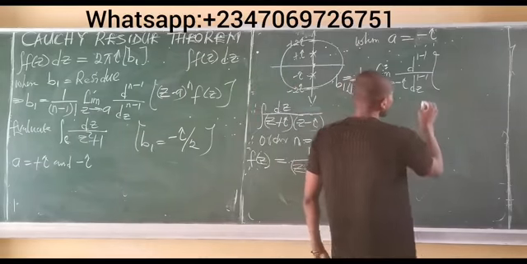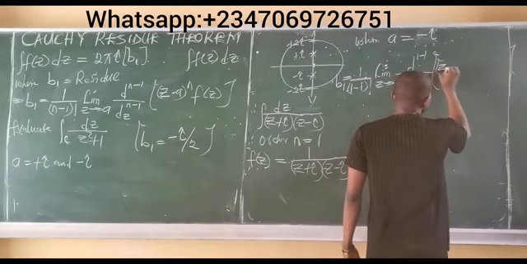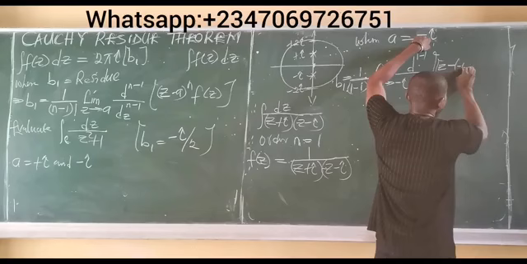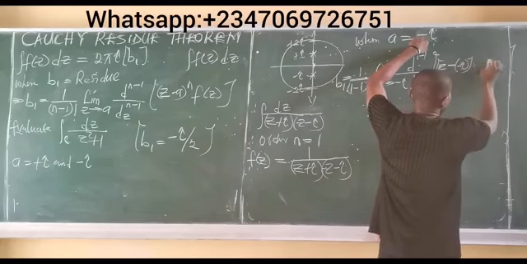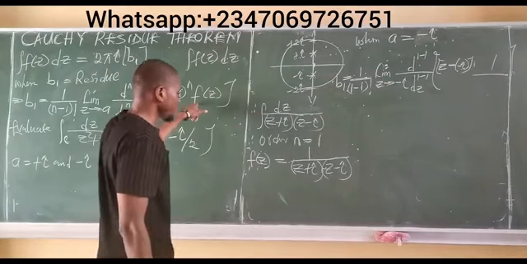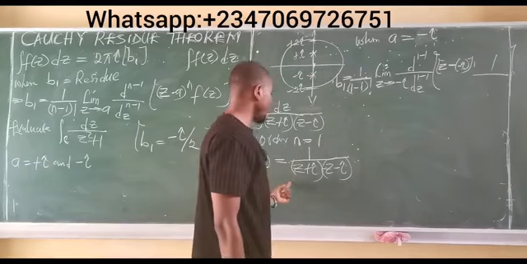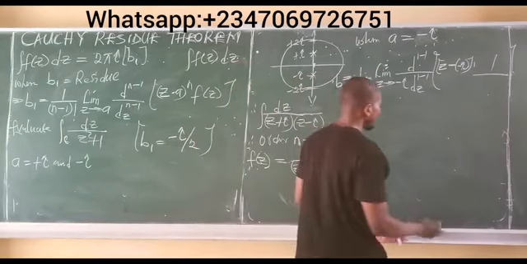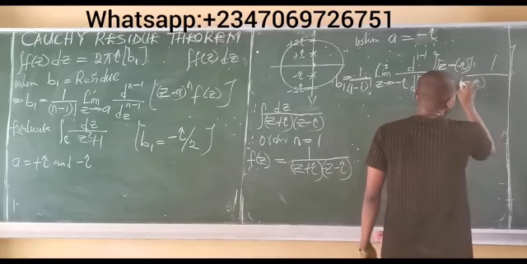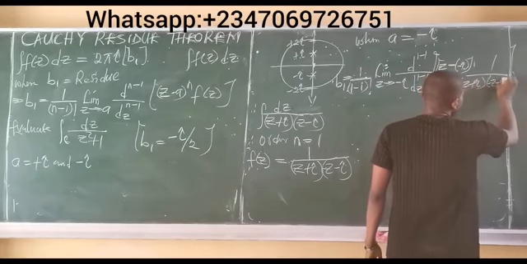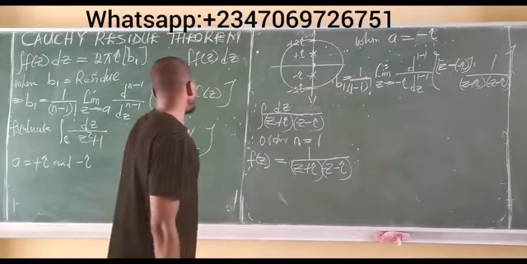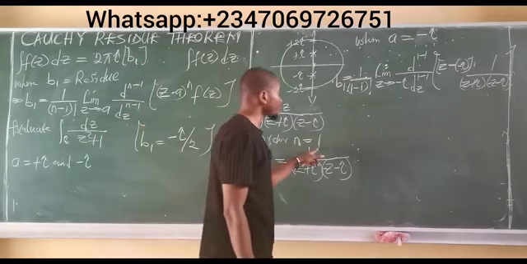So you have z minus a, but a is minus I, so you have z plus I, times f of z, and f of z itself is 1 over z plus I times z minus I. So you have z plus I times z minus I. Not forgetting, this is z minus a to the power of n, but n is 1.